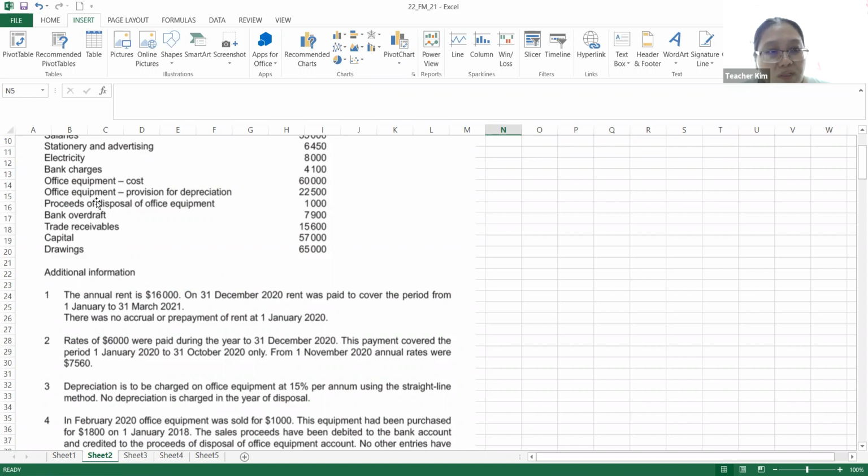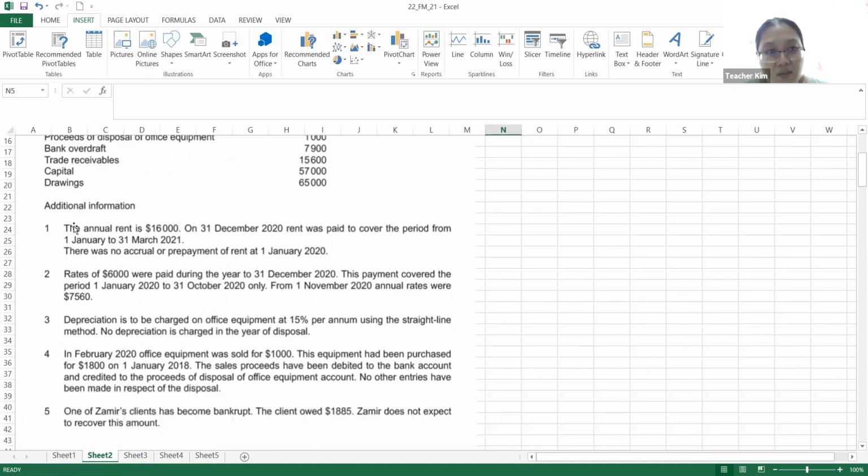When they have the office equipment, take note, if they prepare depreciation. This one, disposal proceeds, is money received. We don't know how much we get as gain or loss. Bank overdraft is a liability. Trade receivable, current asset. Capital and drawings under the capital section. So look into the information that we have in here. The annual rent is 16,000.